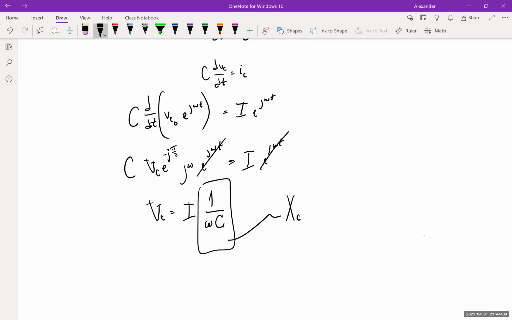The faster we try to alternate the current, the less like a resistance a capacitor feels, because it doesn't charge.